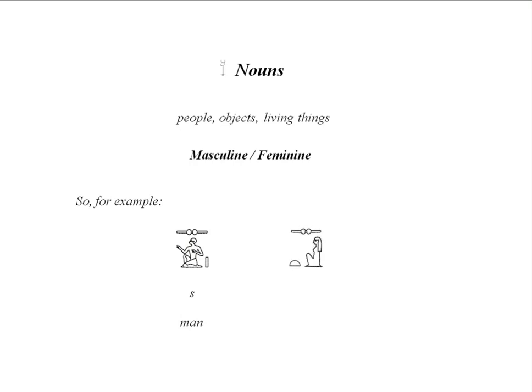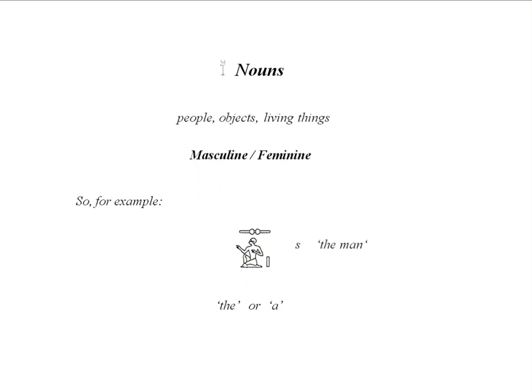This word is transliterated as st, for woman. Also, there is no special word for the or a in classical Egyptian, and so the man can be a man or the man.